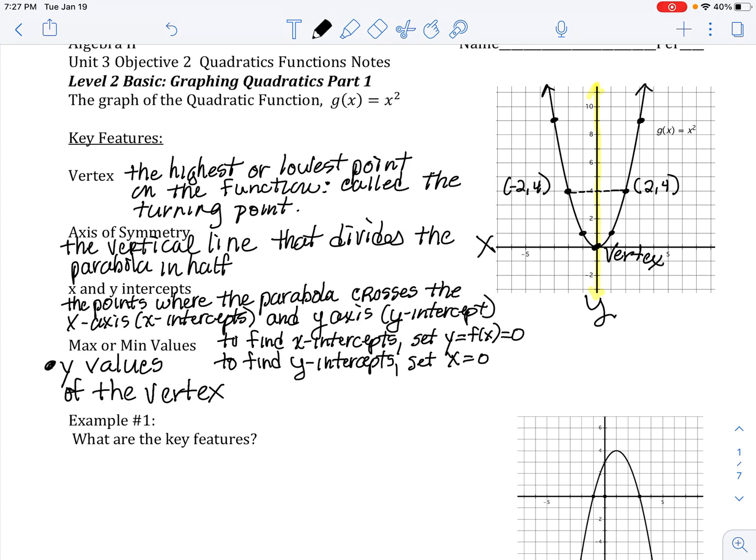So that's kind of important because of that word value. So you're going to need to pay attention to the question whether it says, does the quadratic have a maximum or a minimum? But you could also be asked, what is the max or min value? The max or min value is the y value of the vertex.